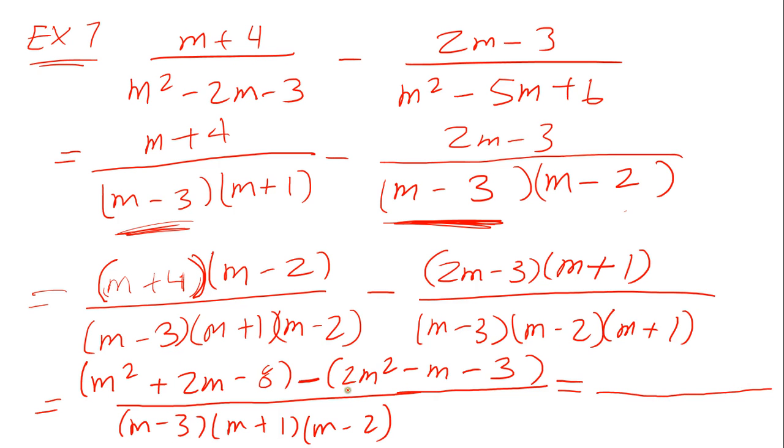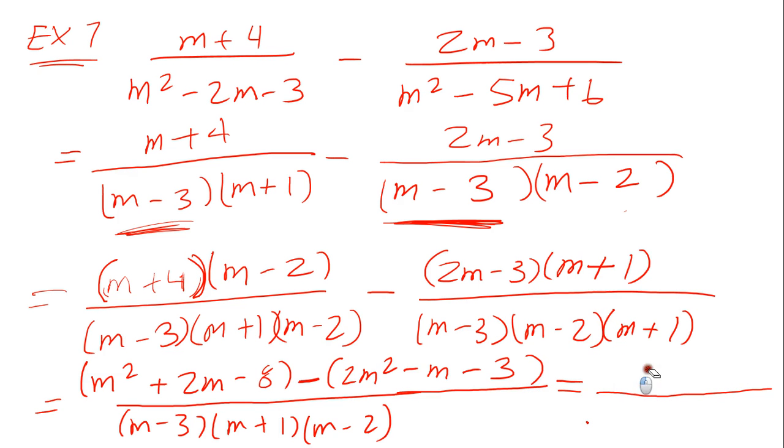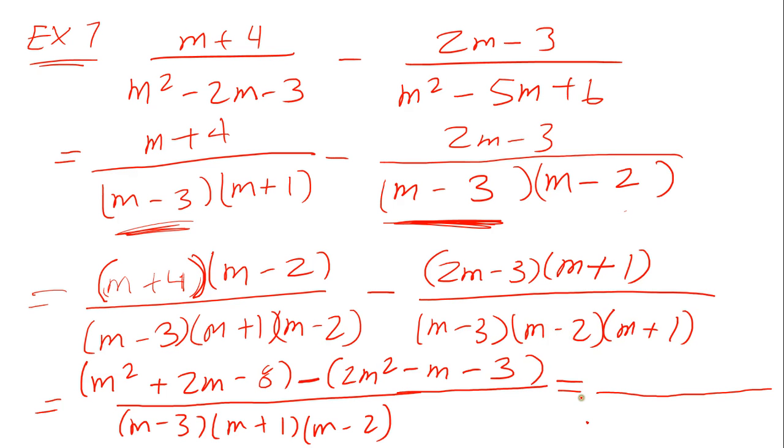Hopefully I can. If not, I just move to the next slide. So looking at the square terms, that gives me m squared minus 2m squared, which is minus m squared, and we have 2m plus m, which is 3m, and then we have minus 8 plus 3, which is minus 5.